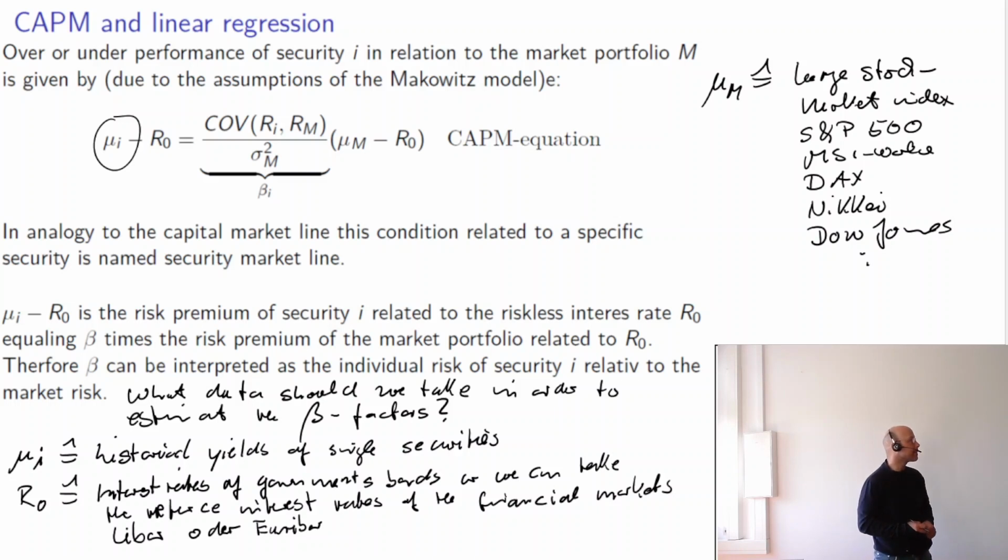And maybe anecdotally, do you know why the oldest one is the Dow Jones? In the United States, around 100 years old. The DAX was then introduced in 1987, so it was not that long period. Do you know where it comes from?